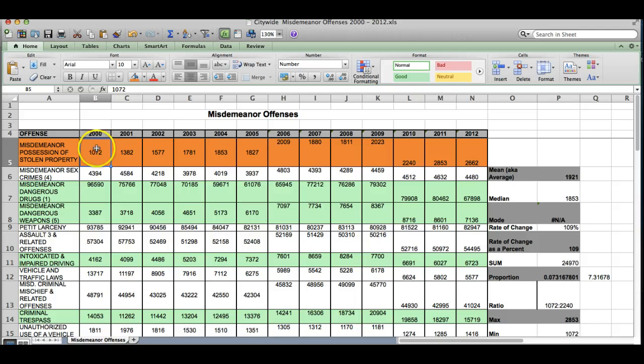It's a rate because it happened within a week. So you could say 1072 incidents per week. Or if it's a population rate, you could say it's 1072 incidents in a population of 8 million.